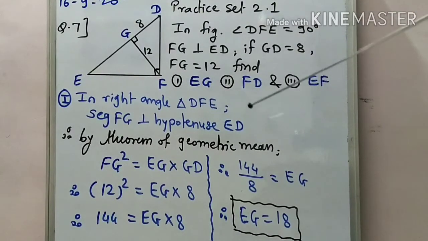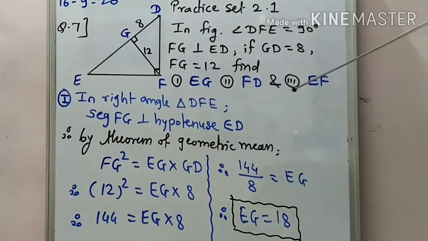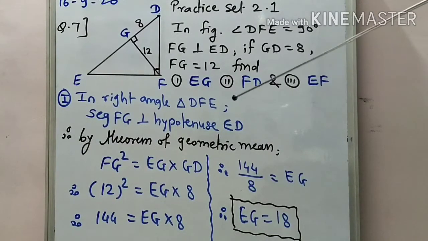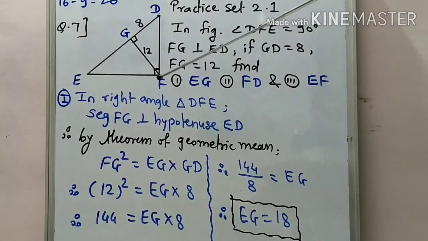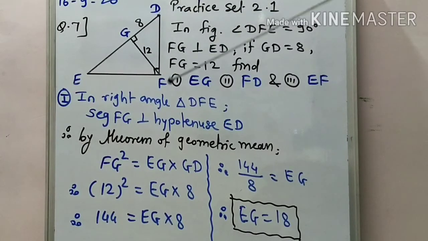Okay, and now for FD and EF, what we do here students, FD is a side of the triangle DFG, but as the altitude, the perpendicular FG, is there, the original triangle DFE divides into what? Two right angle triangles.